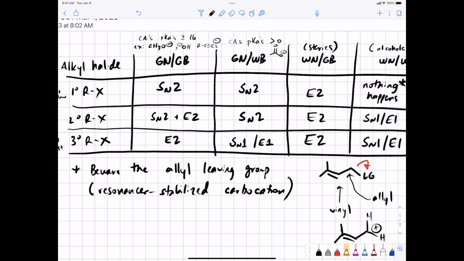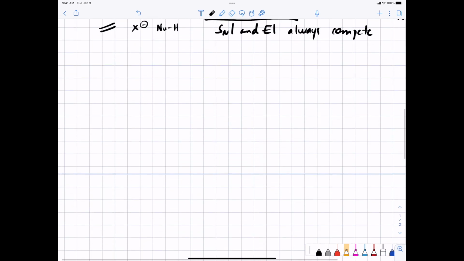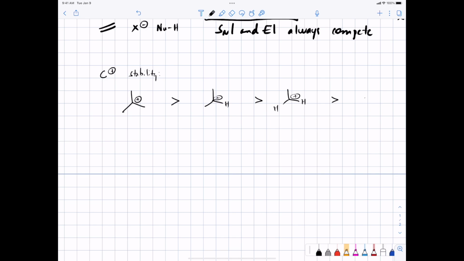Can we do a quick review of carbocation stability? Quick review of carbocation stability, yep. Tertiary is more stable than secondary, more stable than primary, more stable than methyl.